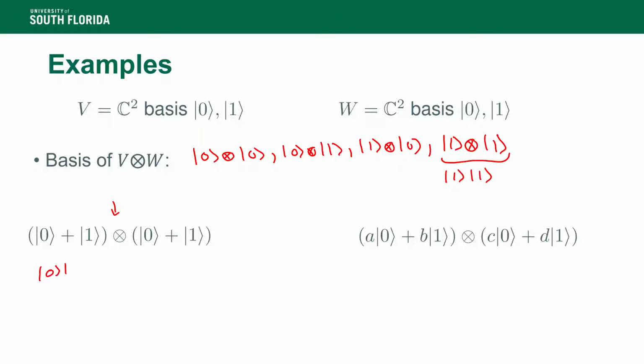For example, you have 0 tensor 0 plus 0 tensor 1 plus 1 tensor 0 plus 1 tensor 1.